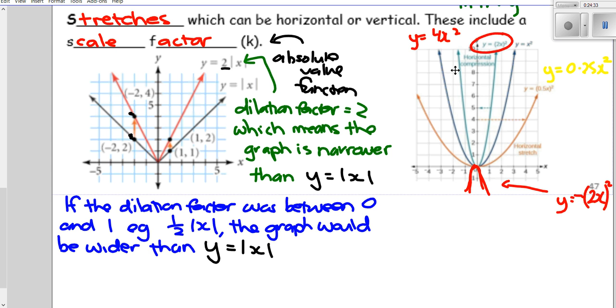So at x equals 1, its y value is now up at 4 instead of 1. And for the widened one, y equals 0.25x squared, at x equals 1, instead of it being at 1, it's down at a quarter of what it was. And for this one, negative 2x squared, which would be negative 4x squared when it's expanded, it'll be just like the light blue one, but flipped upside down.